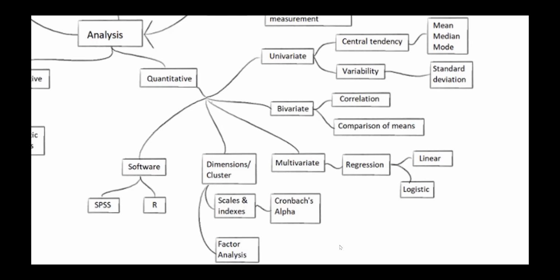Does gender give rise to differences in pay? We know that it does. That is a correlation. Or we could compare the means of men and women, and that would be a form of bivariate analysis. After bivariate, there is the most advanced set of methods, called multivariate analysis.